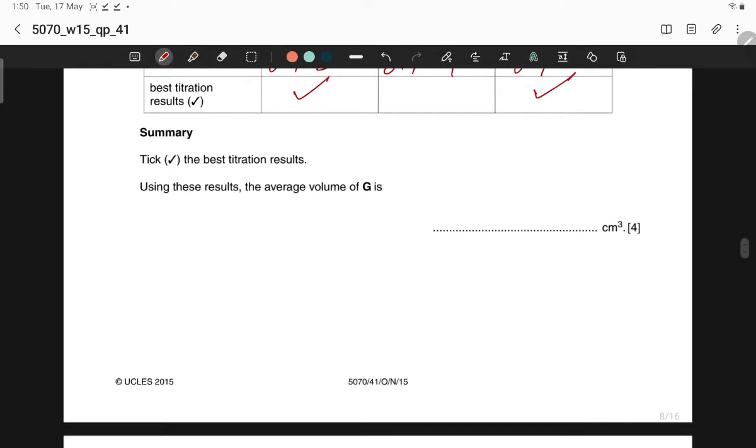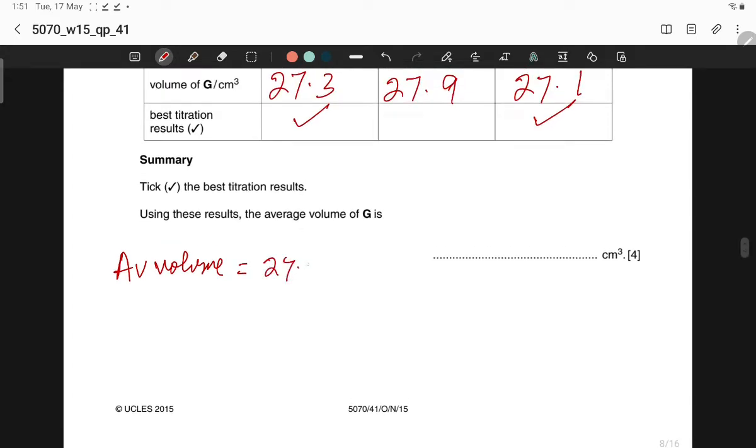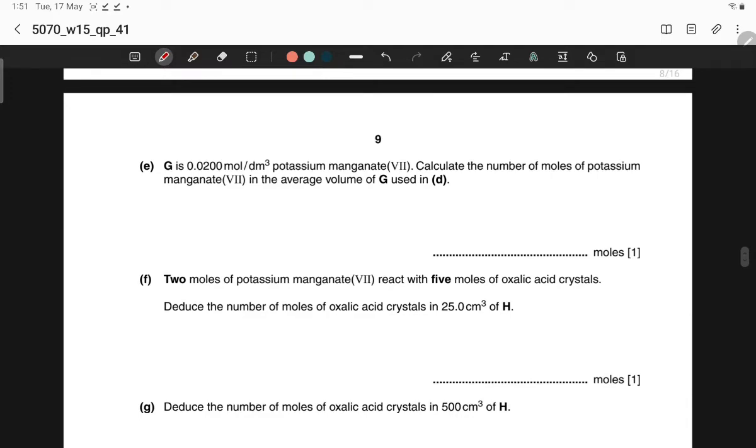Use these results. The average volume of G is calculated: average volume is equal to 27.3 plus 27.1 divided by 2, and this is equal to 27.2 centimeter cube.